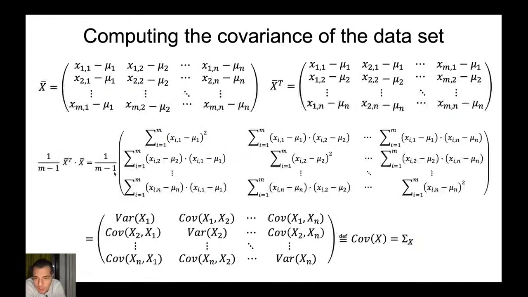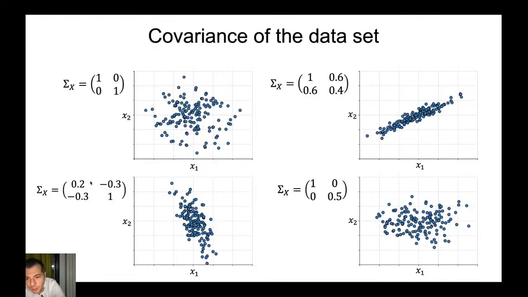In this case, we again have a high variance for the second variable x2 and a smaller variance for x1. On this axis we have smaller variation, so this is reflected here. And here we have a negative correlation.